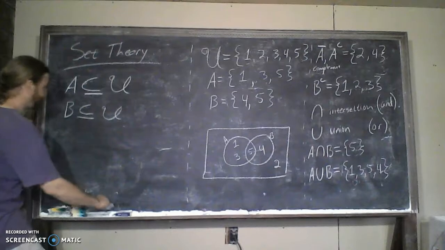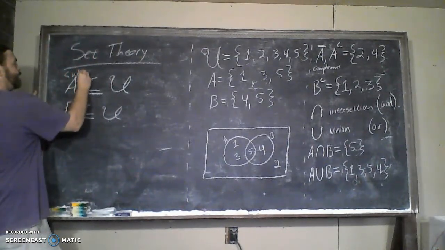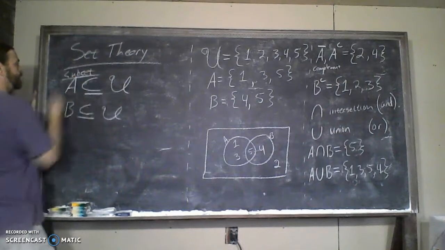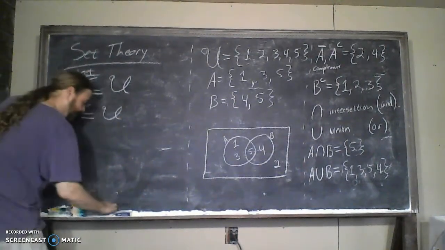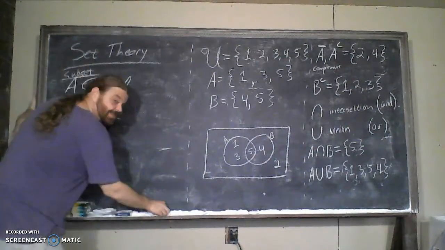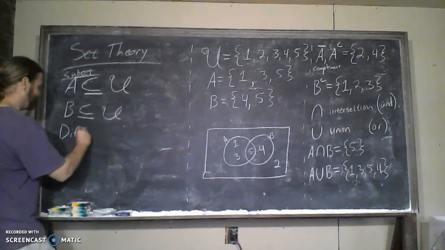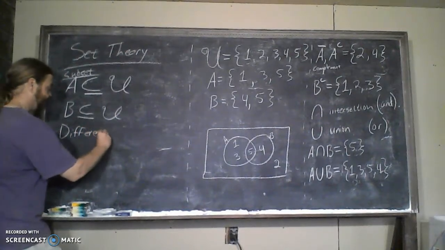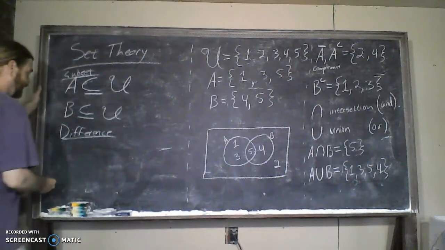Well, I should put some labels here. Okay. I want to take good notes. So this is subset. And then we also have, that piece of junk was too small to write with. Let's grab a slightly bigger one. The difference of sets, which is like subtraction, basically.